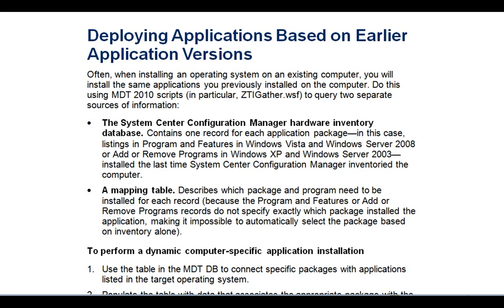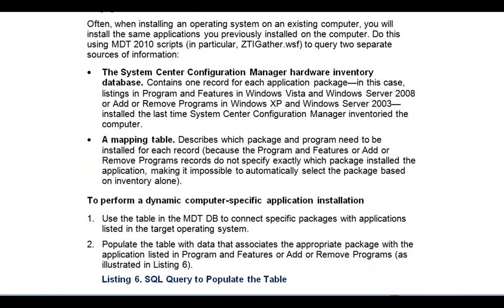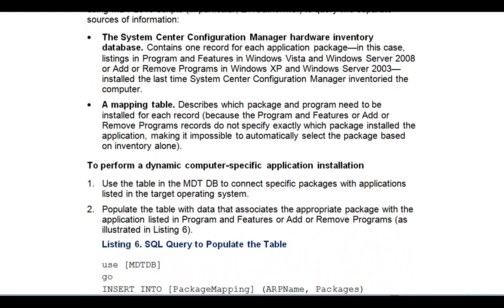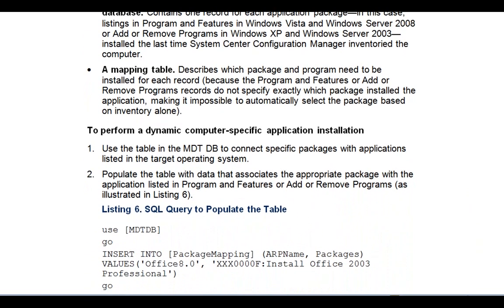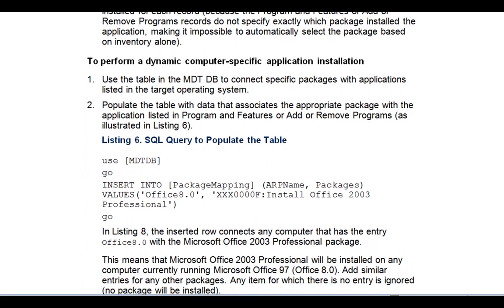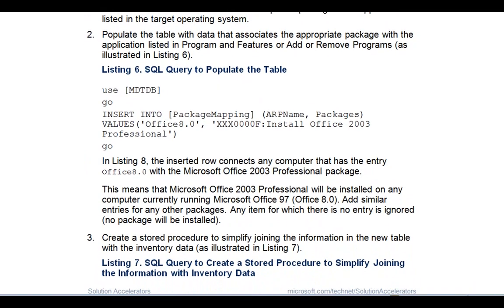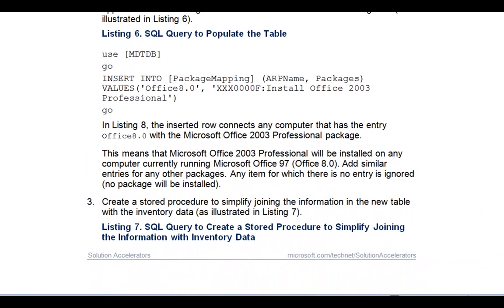The last topic on our agenda is to review the functionality that MDT provides for reinstalling applications on a system that it determined were previously installed on that same system. This is accomplished by executing a stored procedure that performs a lookup against the ConfigMgr site database for applications previously installed on the system based on the Add Remove Programs list from hardware inventory associated with a MAC address owned by that system.